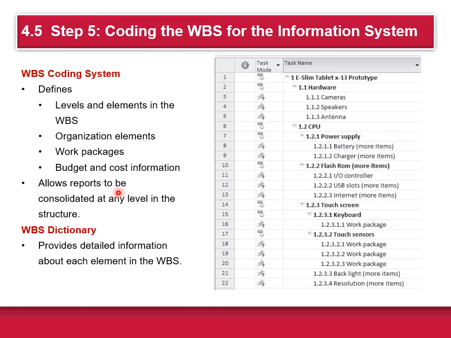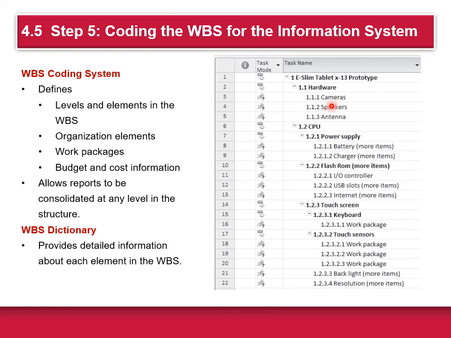Following on from the last slide, you can see how this is coded up. The work breakdown structure coding system assigns 1 as the top level, and from there, as I pointed out, you have 1.1, which is the hardware, 1.2, which is the CPU, and then under each one of those, it's given a further delineation.